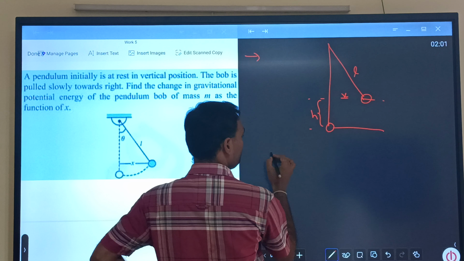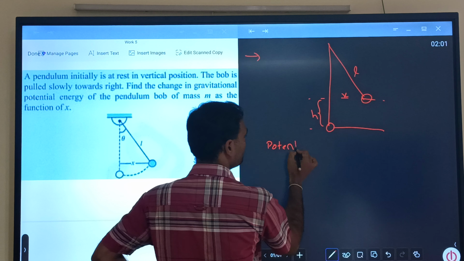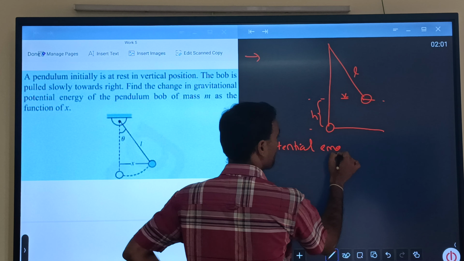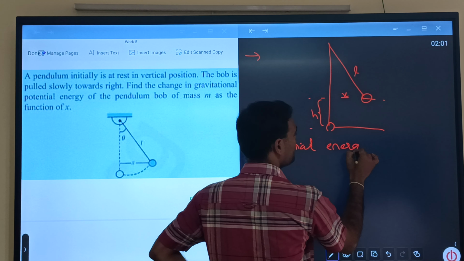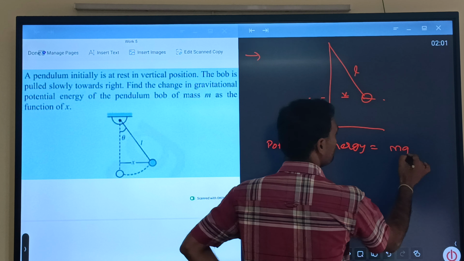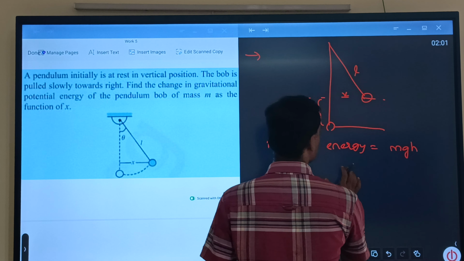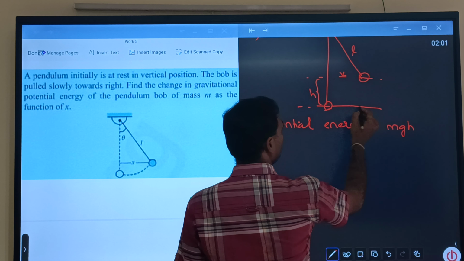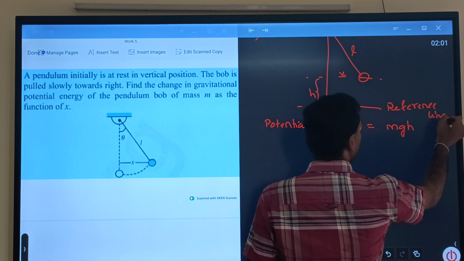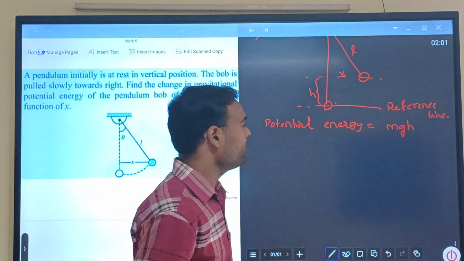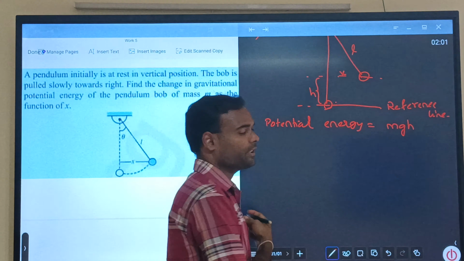Now potential energy is equal to mgh, and here we are considering this as the reference line. With respect to the reference line, it has moved a displacement h, and mg is the force due to gravity.